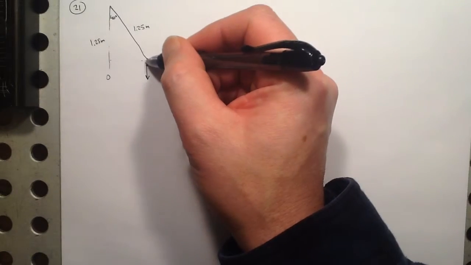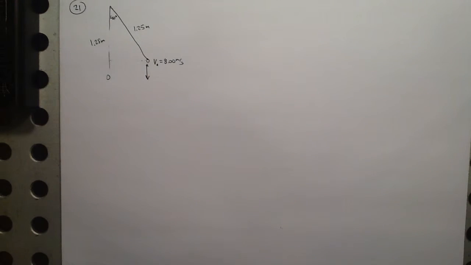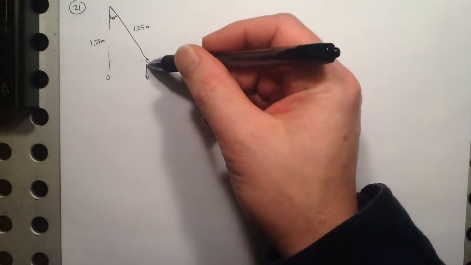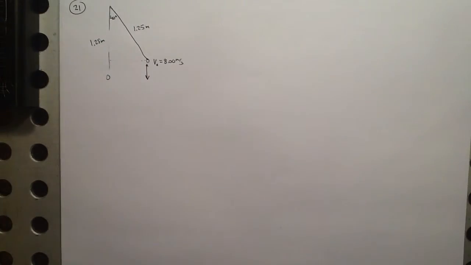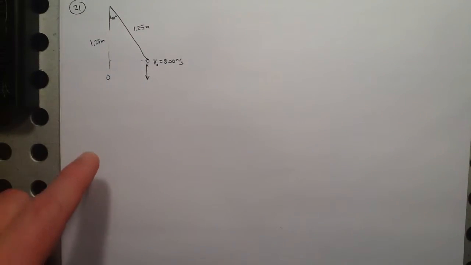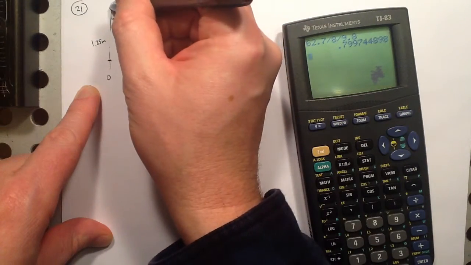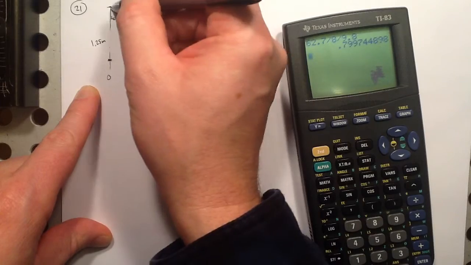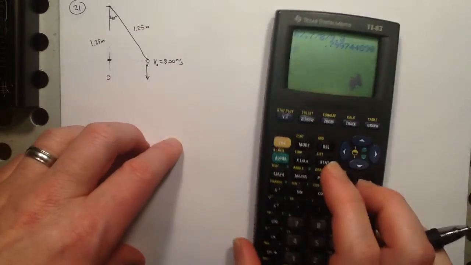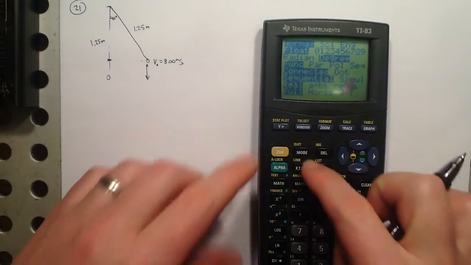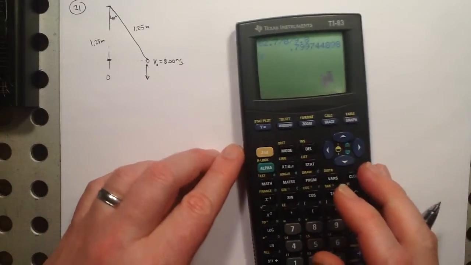Because it's got some gravitational potential energy here. How much does it have? It's got that much worth, right? So let's do the trig. This right here would be the cosine component of this. So I'm in degree mode, groovy.